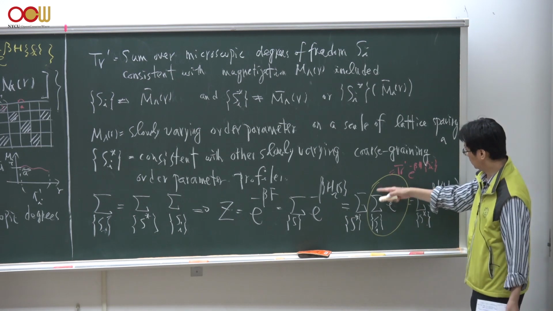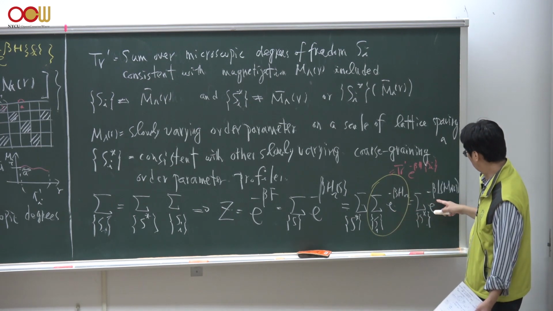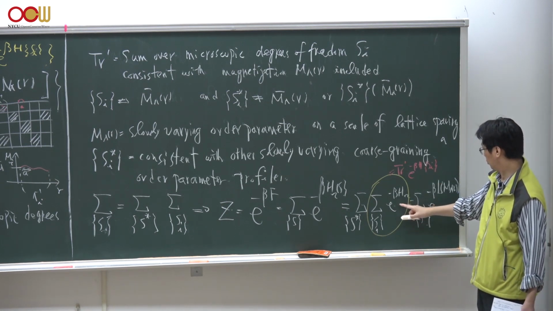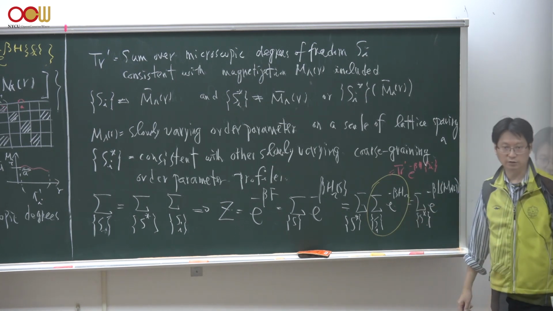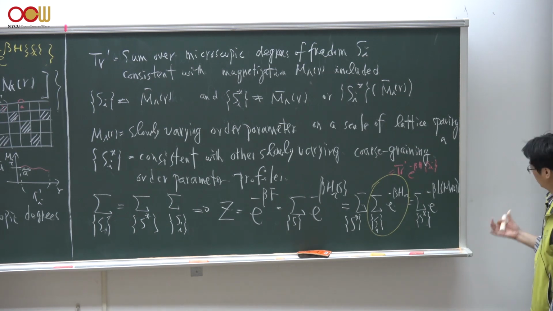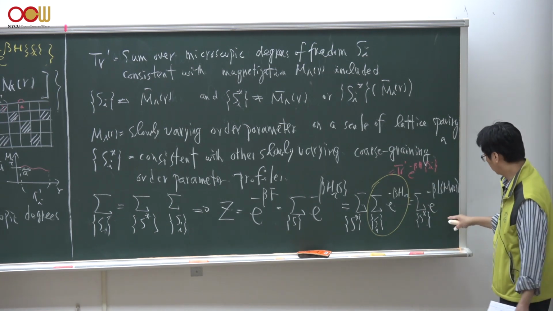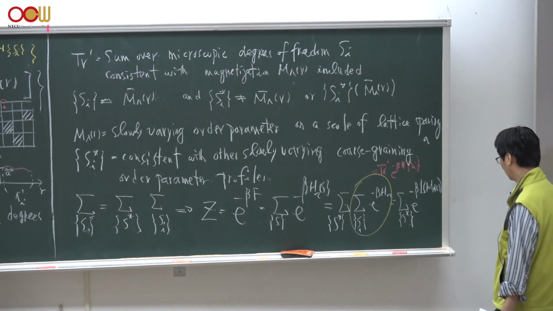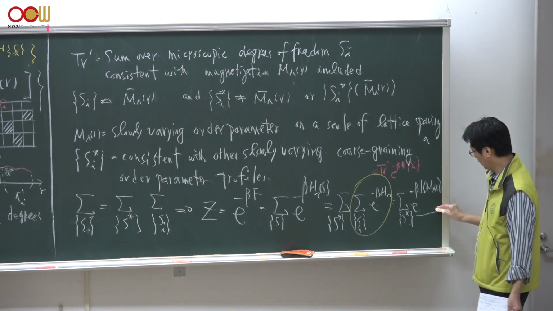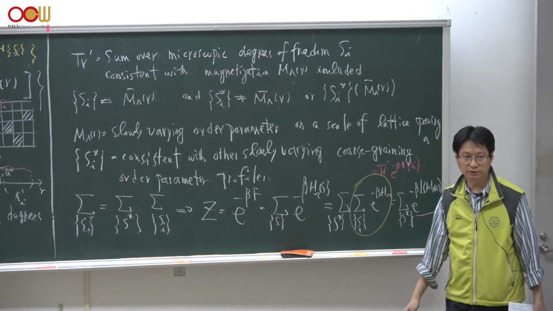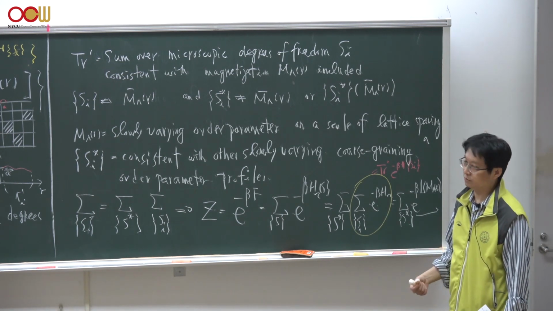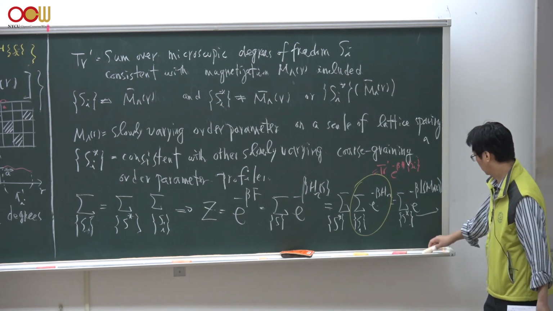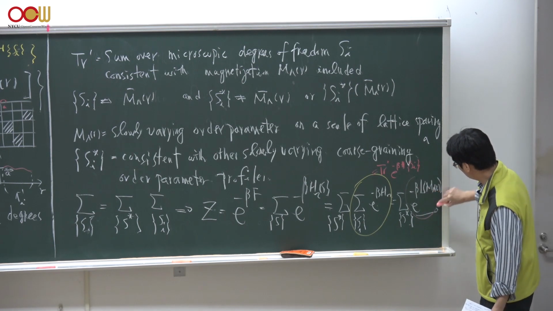We can insert our definition of Landau free energy there by partially summing over the microscopic degrees of freedom within each block. As a result, the whole partition function is nothing but a sum over all the blocks' degrees of freedom S star. But within such a summation, we already have the partially traced, coarse-grained Landau free energy within each block. So let me interpret this term one more time.